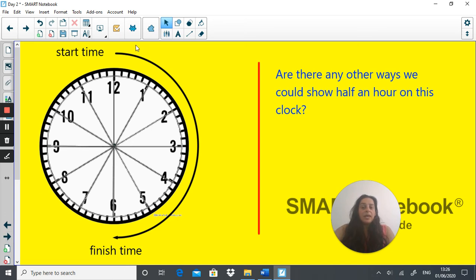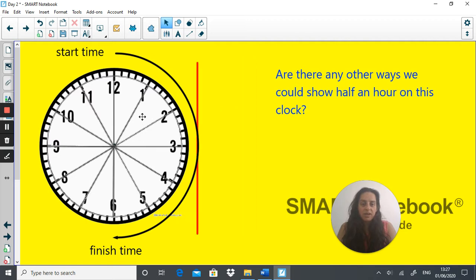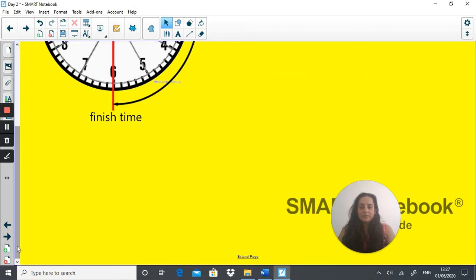Here we go. So at the start time, the minute hand would be there. When half an hour elapses, the minute hand will be there. And my red line is this straight line. So if I move my line across here, so this straight line shows that on this side, half an hour has elapsed. Good.